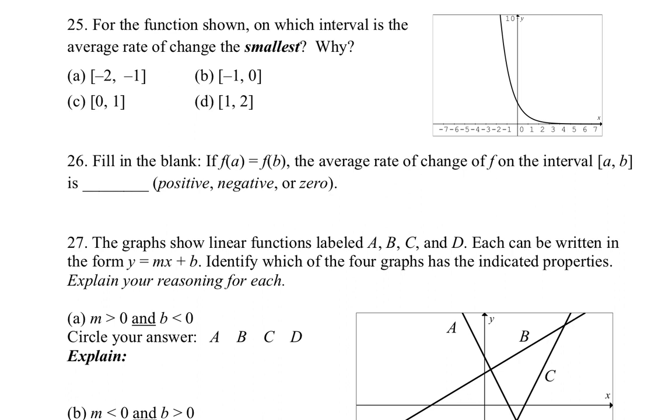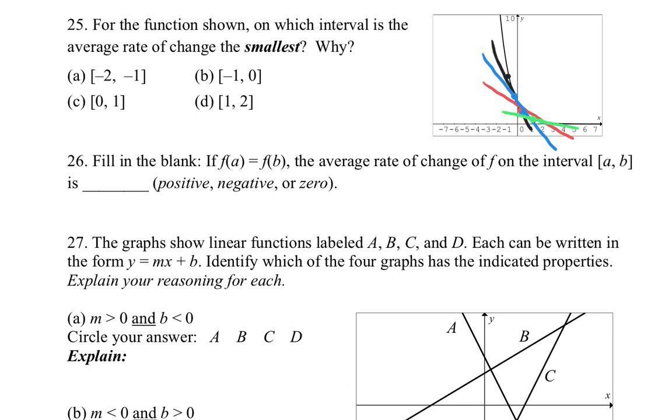So we have -1, which is about here, and 2, which is like that, and then we have 0 and 1, which is like this. We got -1 and 0, and then 1 and 2, which is going to look like that.